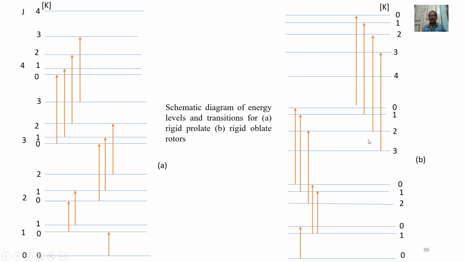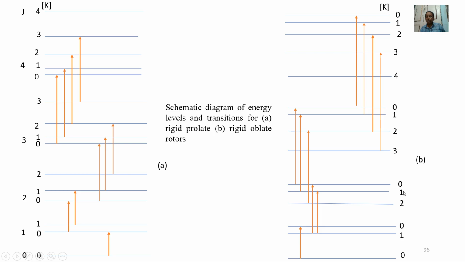We have anti-clockwise, but this level we have written as below. See here, when J equals 0, we have K equals 0, whereas when J equals 1, we have two levels, written as below: 0, 1. And here we have J equal to 2, we have K equals 0, 1, 2, which we have drawn just below.